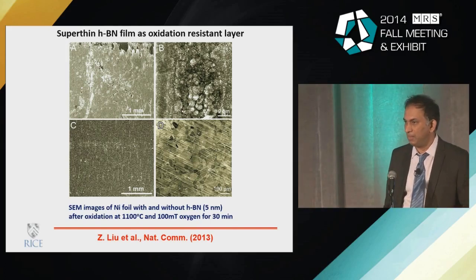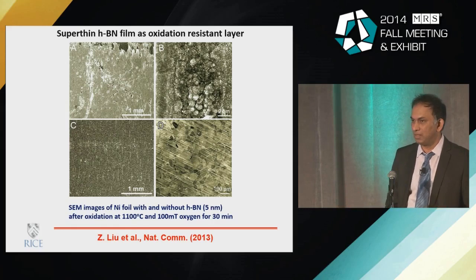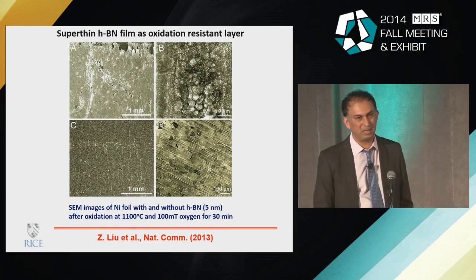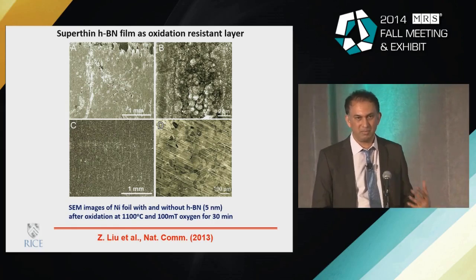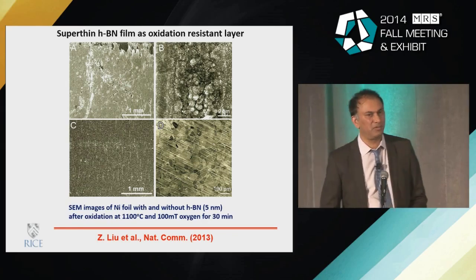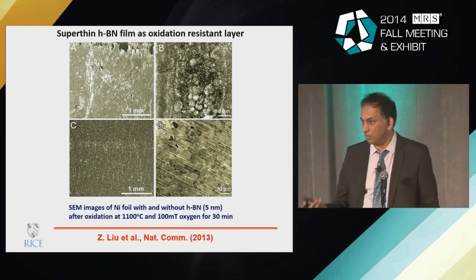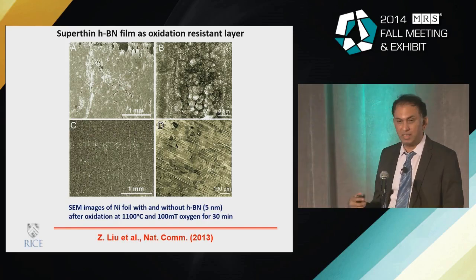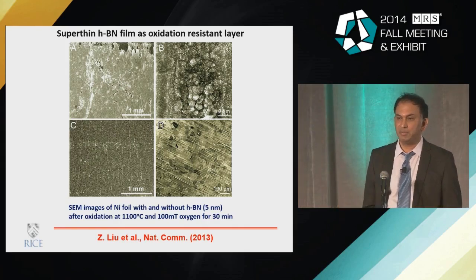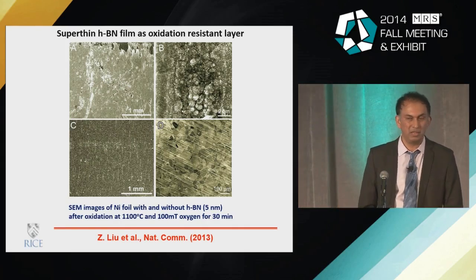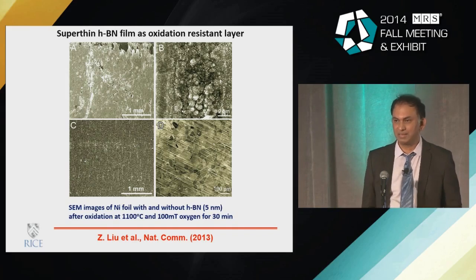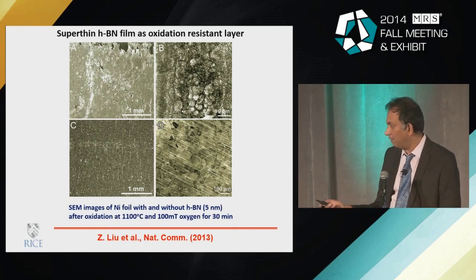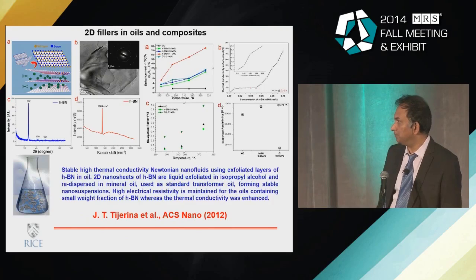In fact, we are building a large center based on coatings of these 2D materials, not just for oxidation and corrosion, but also for areas like catalytic coatings. Ultimately, these materials could find use as extremely thin coatings, which have a large range of possibilities.